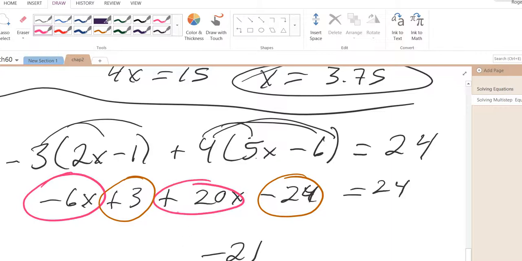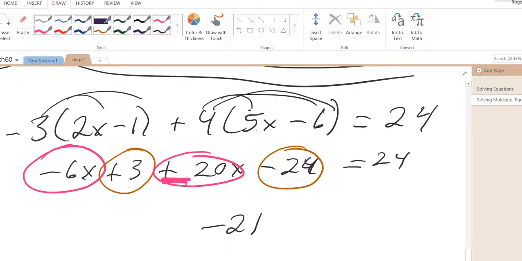Notice that I'm including the sign so I know what to do with them. So I know I have negative 6 and a plus 20. What does that give us? 14x, good. Equals 24. So now we've taken a pretty complex equation and got it down to where it's simple, because it's just a two-step and we're good at those now.